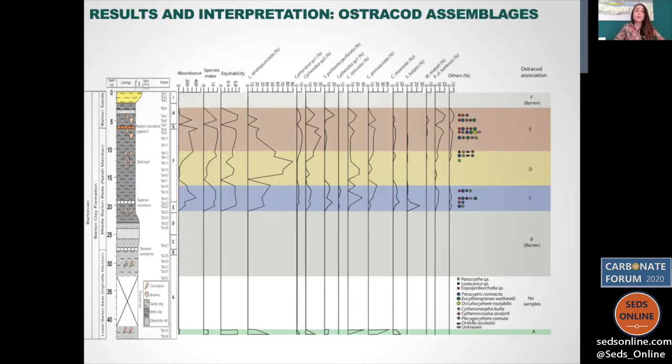So what could be the reason why we don't have ostracods in this interval? Firstly, the presence of an environment that is not suitable for ostracods. If we look at the lithology, we see that this was the coarser section, so maybe we can hypothesize a shallow environment with high energy and so not suitable for ostracods.